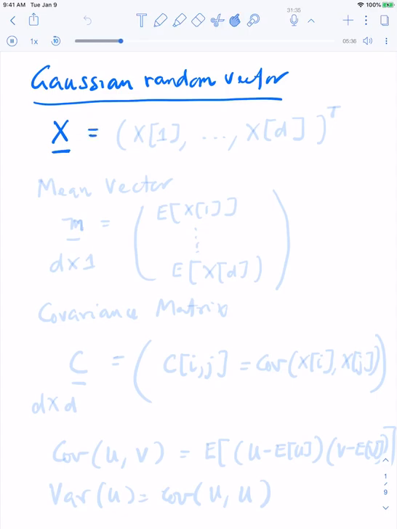Let's say it's d-dimensional, so it has d components. Let's denote them by x1 through xd. And for now, we'll think of vectors, unless I specify otherwise, as column vectors. So I've written this as a row vector, so I'll just put a transpose there.